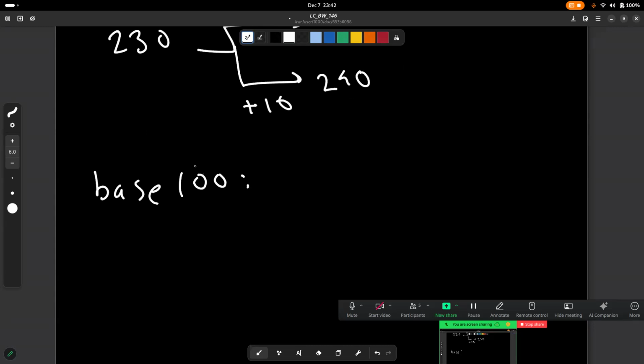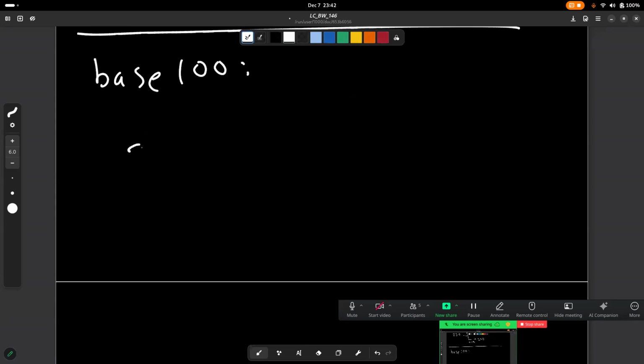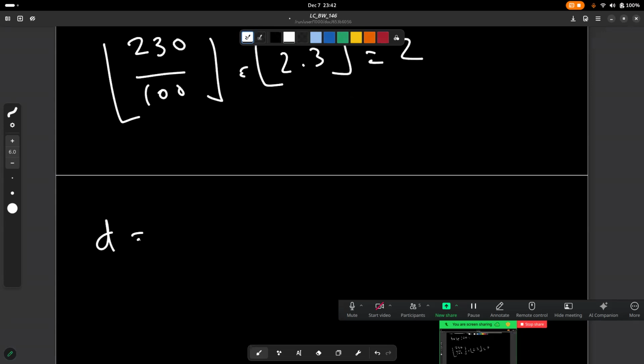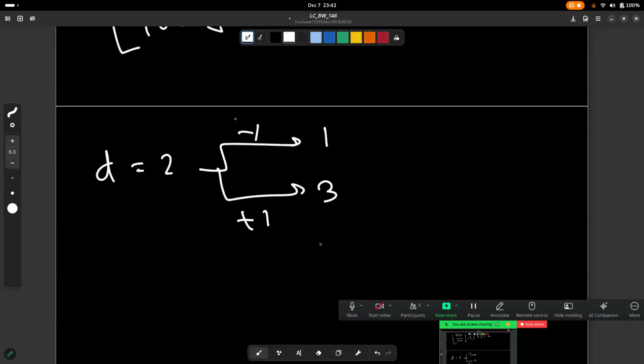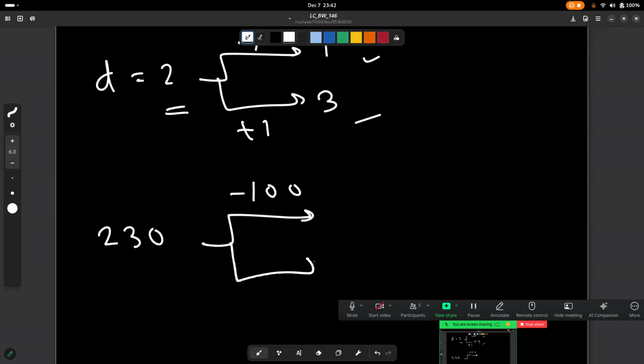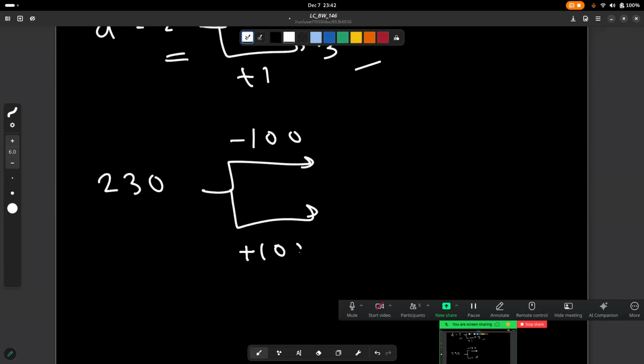And finally, your base will go to 100. In that case, 230 divided by 100, lower bound of this, 2.3 is 2. So your digit is 2. You can either decrement it or increment it. 2 minus 1 is 1, 2 plus 1 is 3. So both of these are valid values. Decrementing this digit represents decrementing by base, that is 100. Incrementing this digit represents incrementing by base, that is plus 100.